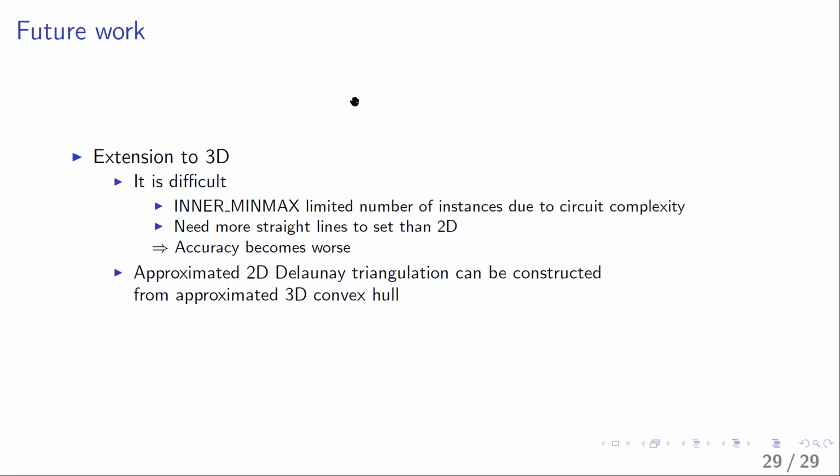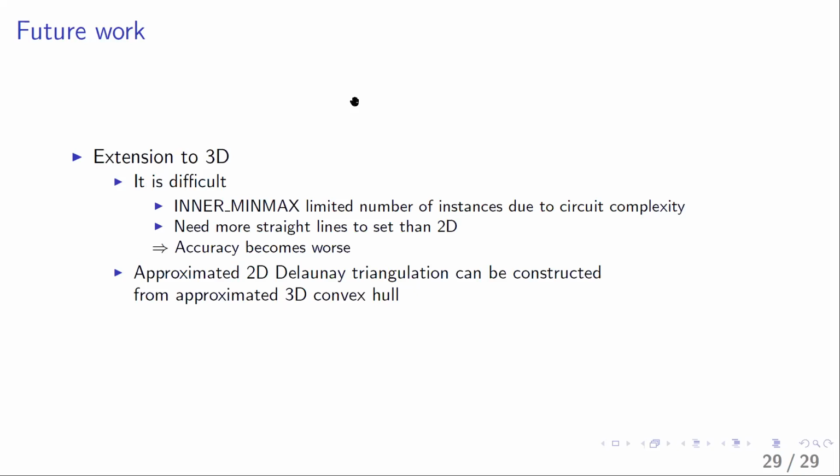Future work includes expansion to 3 dimensions. However, the complexity of the inner minimax circuits limits the number of instances that can be instantiated. In addition, more straight lines are needed than in 2 dimensions.